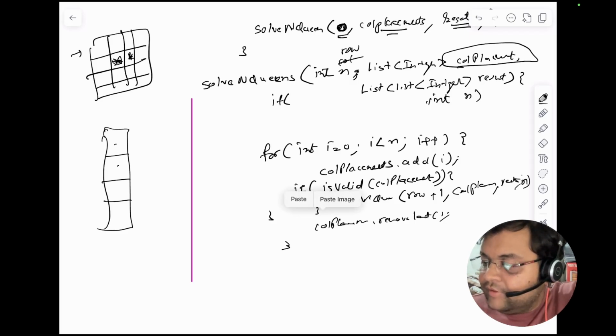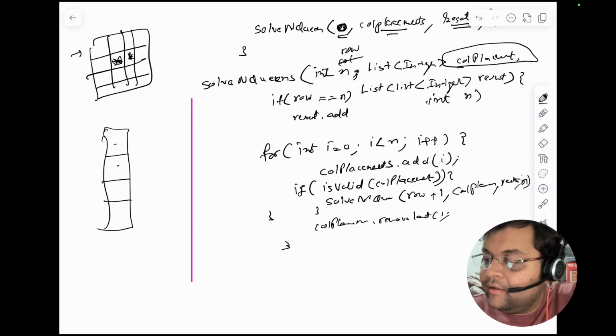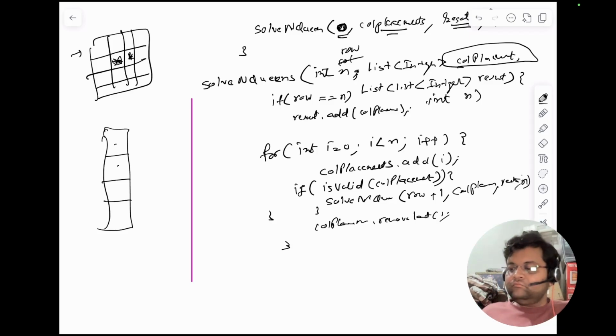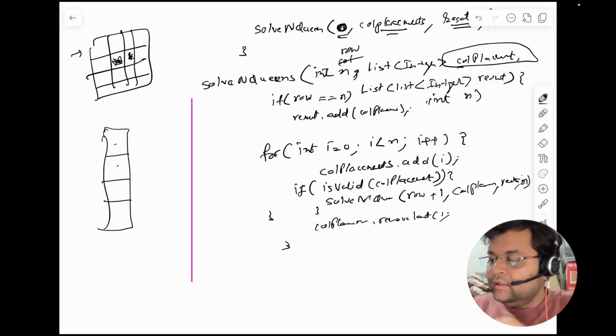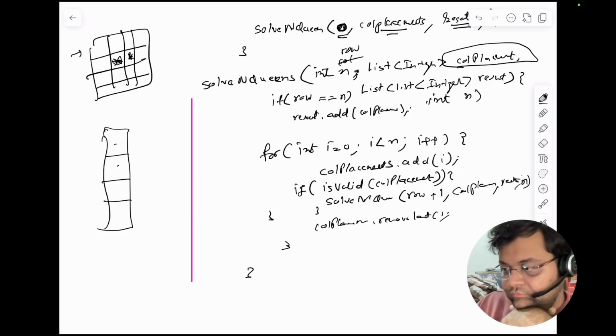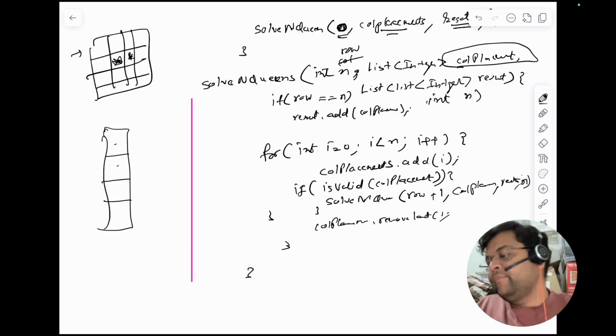So once our row is equal to n, I'll say result dot add my call placement. And that's how I'll do it. Is there anything else we need to check?